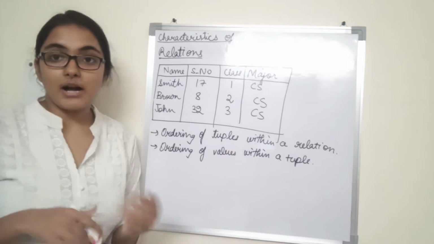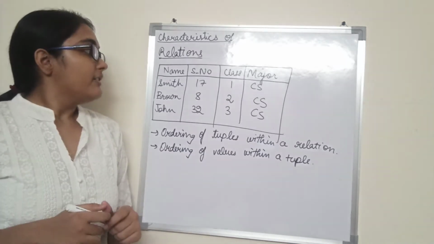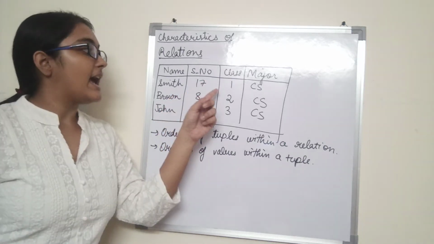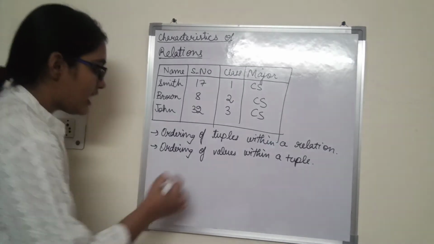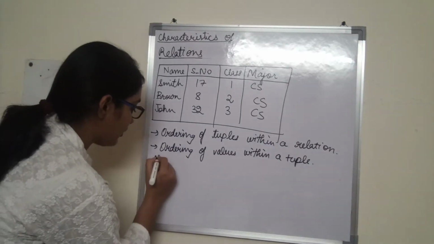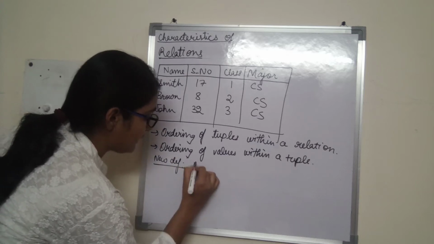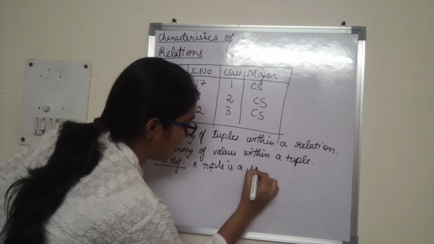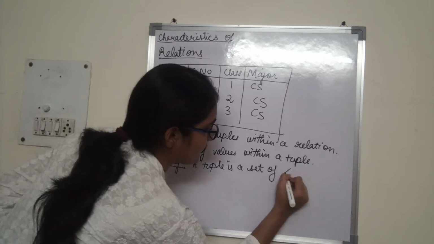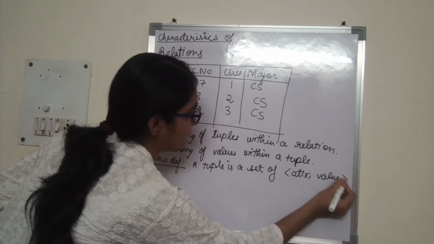So then we come up with another definition of relation, which defines a tuple as a set of attribute value pairs. According to this new definition, a tuple is a set of attribute value pairs.